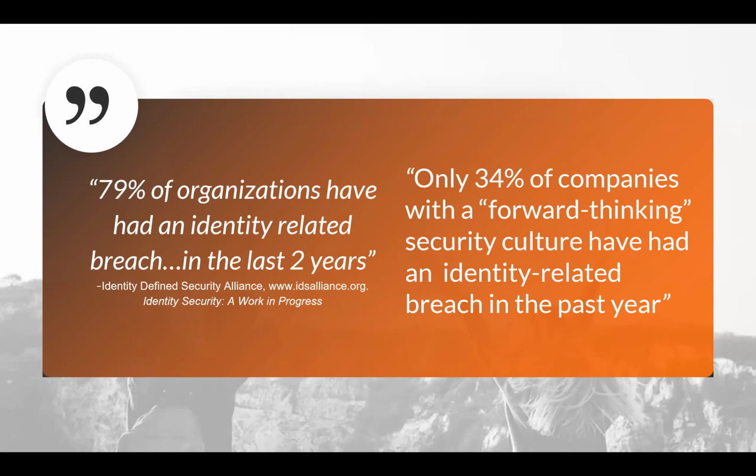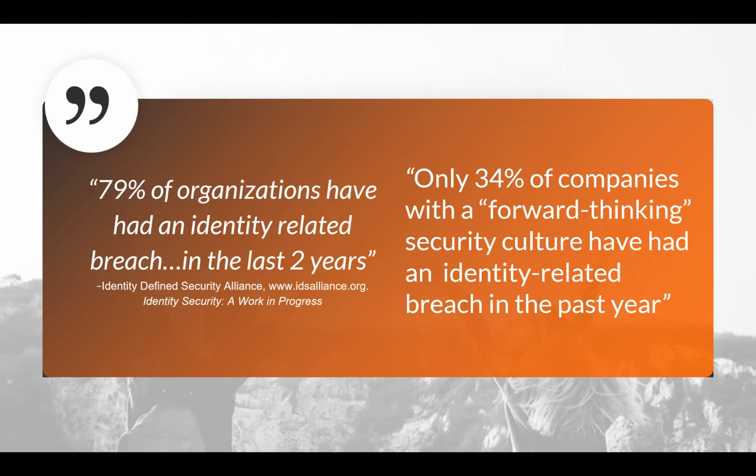Some interesting stats, and these just came out last week, so they are fresh from the Identity-Defined Security Alliance. 79% of organizations have had an identity-related breach in the last 2 years. That's a pretty astounding number. I think if you go back 5 years, the stat was in the high 90s. The joke is hackers don't break in anymore.